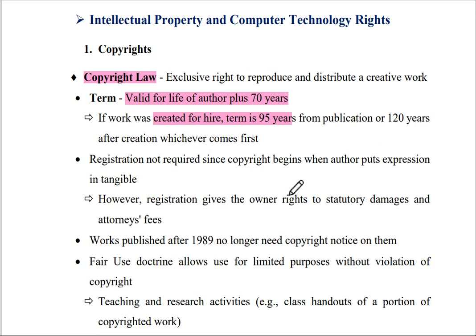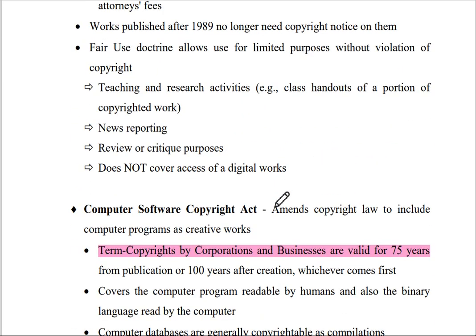When it comes to intellectual property rights, copyright law is valid for the life of the author plus 70 years. If you created this copyright by hiring somebody, then the term is 95 years from publication or 120 years from creation, whichever comes first.